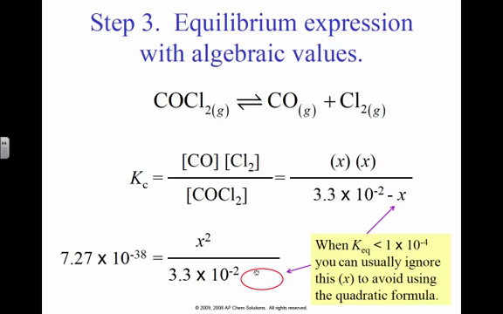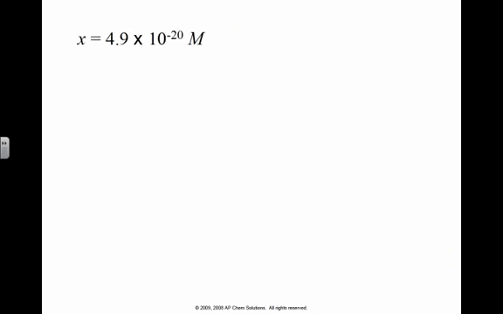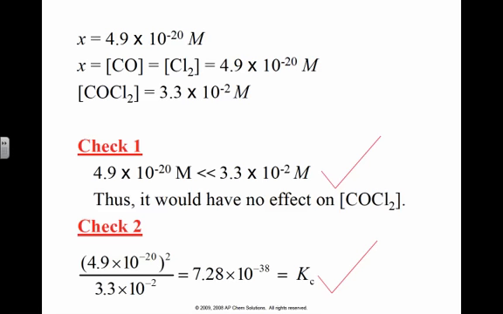Otherwise, you have to do the quadratic. When you solve for x, you get 4.9 times 10 to the negative 20th. So CO and chlorine are both 4.9 times 10 to the negative 20th. 3.3 times 10 to the negative second minus that number is still pretty much 3.3 times 10 to the negative second. This value is smaller than 10 to the negative fourth, therefore we were allowed to get rid of that negative x.